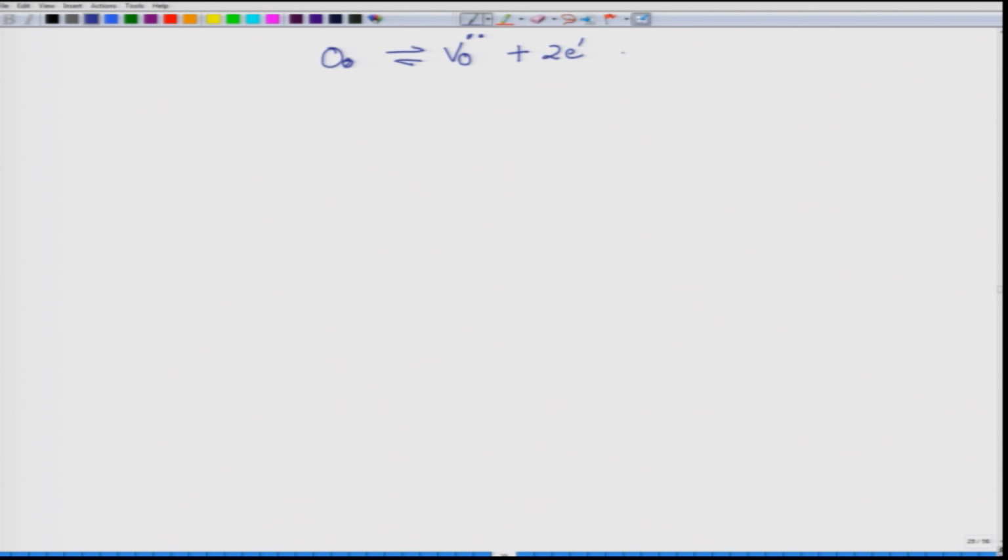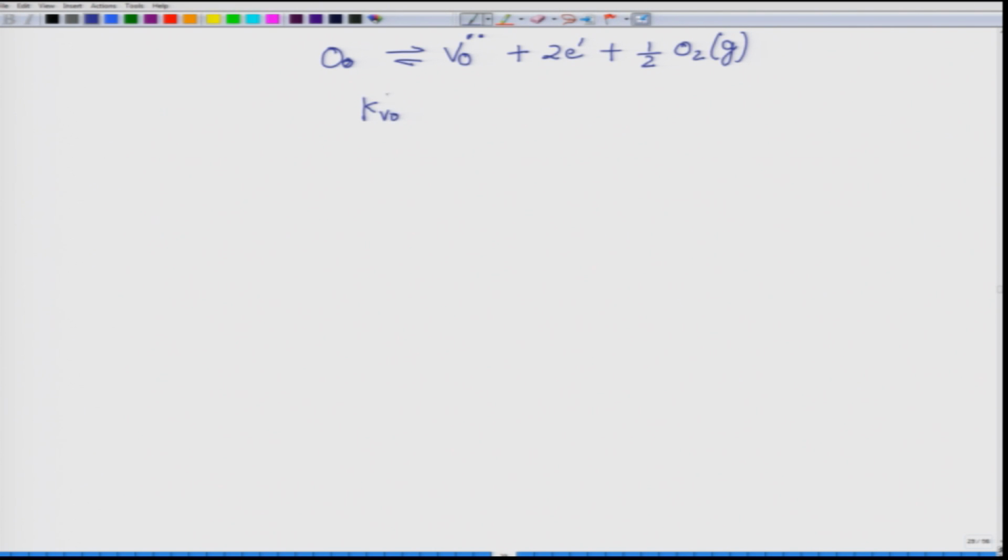So, these 2 electrons remain as electrons, not localized on any metal site, plus 1 by 2 O2. So, now we have 3 different kinds of species: we have lattice related sites, we have electrons, and we have oxygen whose activity is given not as a fraction concentration, but in partial pressure. So, now how do we write the equilibrium constant?